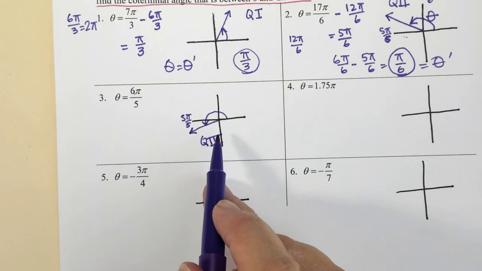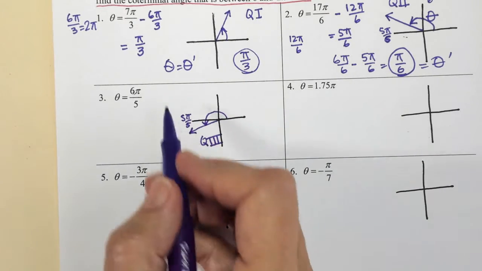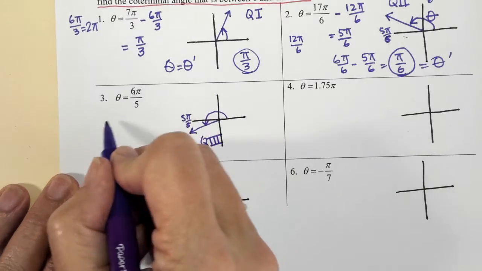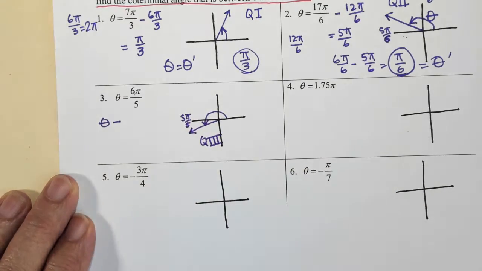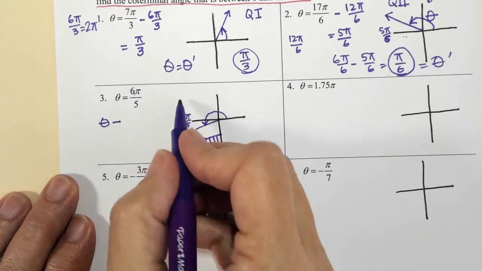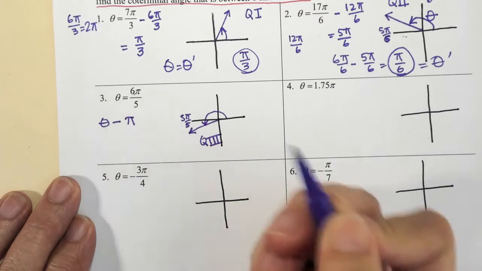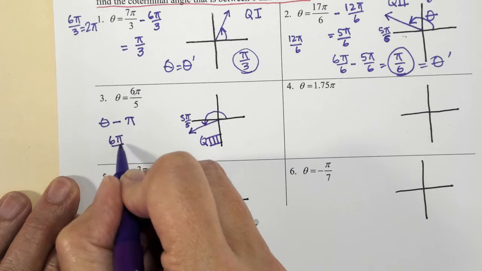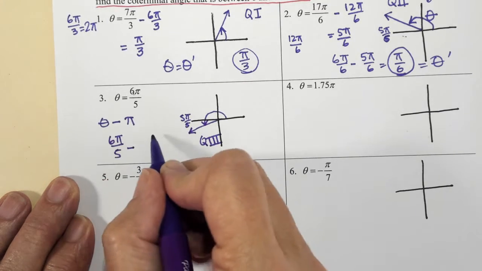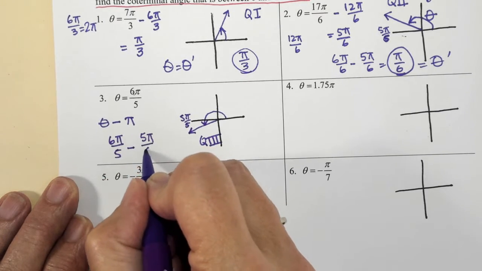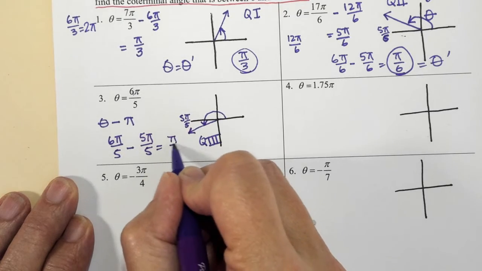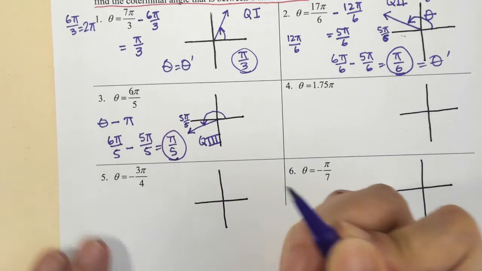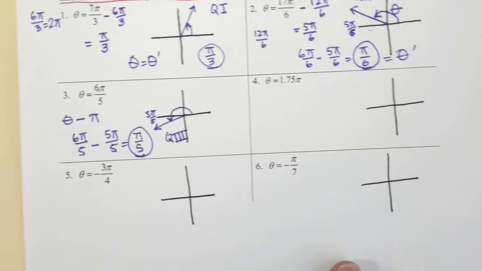So if we have an angle in quadrant 3, we take our original angle theta and subtract 180, or in this case we're working with radians, so let's subtract pi. So we have theta, which is 6 pi over 5, minus pi, 5 pi over 5, and I get pi over 5 for my theta prime.